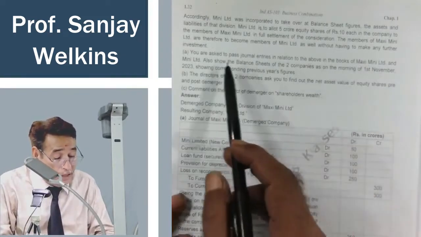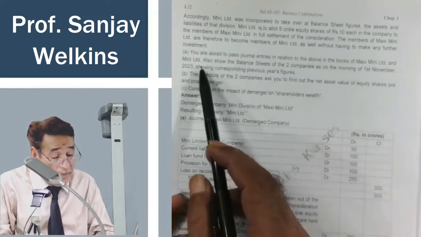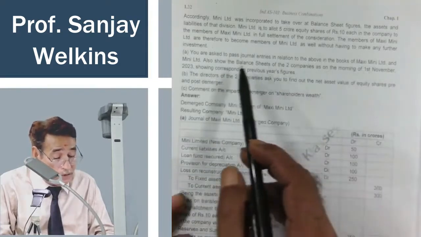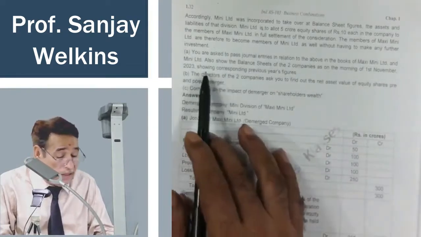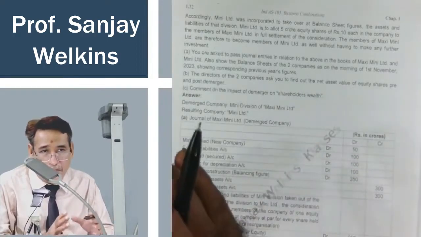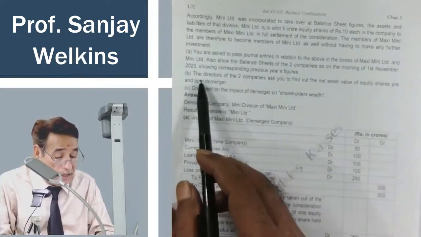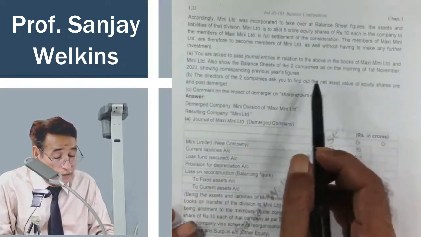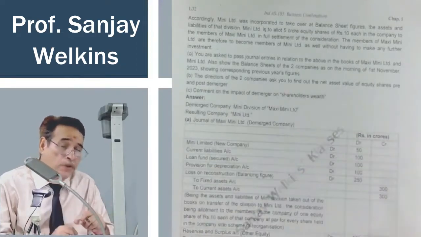And further, you are asked to pass journal entries in relation to the above in the books of Maxi Mini Limited and Mini Limited. Also show the balance sheet of the two companies on the morning of 1st of November 2023. Up to this stage, this question is on similar lines. Further, it is stated that directors of the two companies ask you to find out the net assets value of equity share pre and post merger.